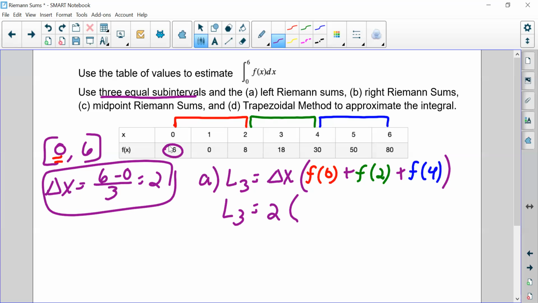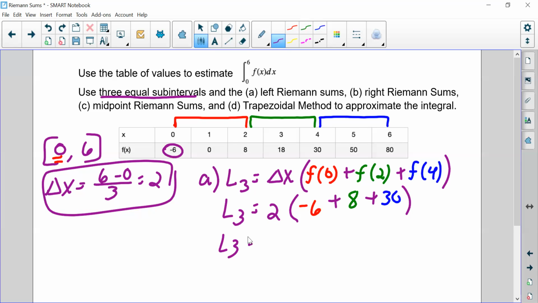Just look at the table. Plus what's f of 2? 8. Plus what's f of 4? 30. This is the second piece of work I want to see on your paper, substituting into that new formula that we have.